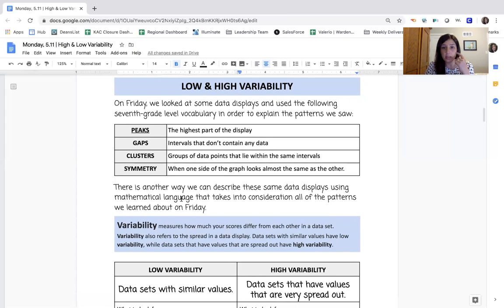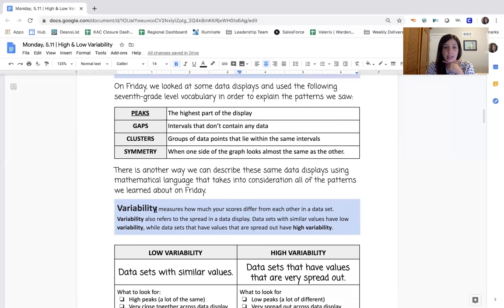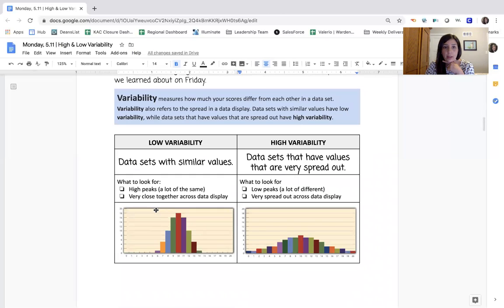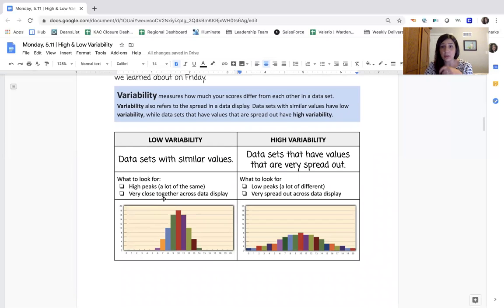There's another way we can describe these same data displays using mathematical language that takes into consideration all of these patterns that we learned about on Friday. And like I mentioned earlier, that's called variability. I'm just going to read this definition out loud. Variability measures how much your scores differ from each other in a data set.